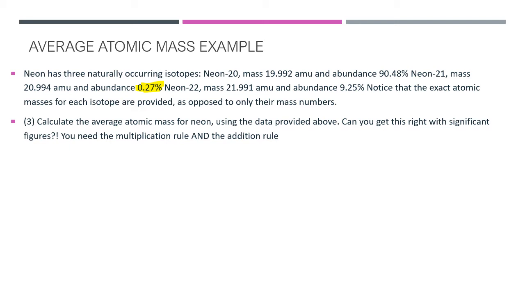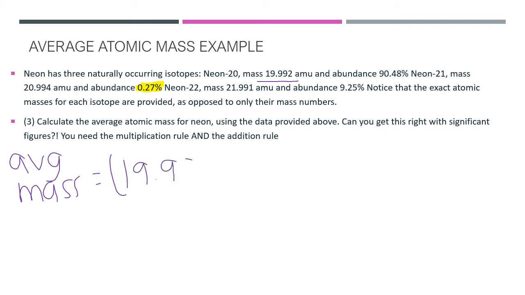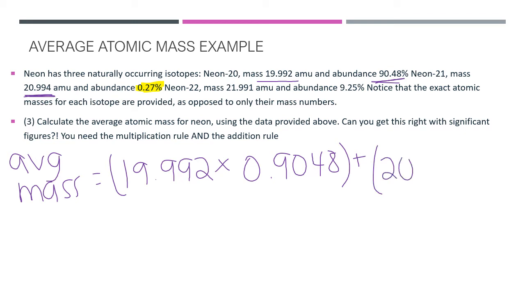Okay, so average mass equals mass of the isotope. So the mass of my first isotope is 19.992 times that percent abundance, which is 0.9048, plus the mass of the next one, which is 20.994 times that percent abundance.